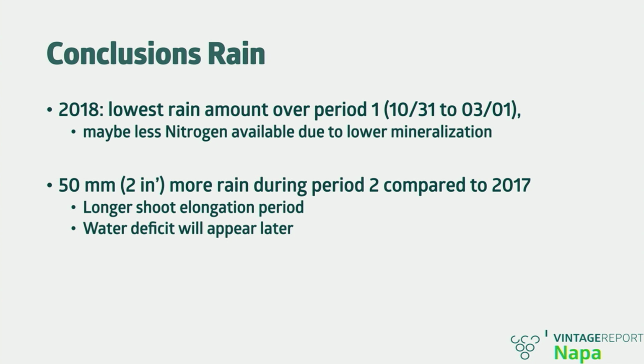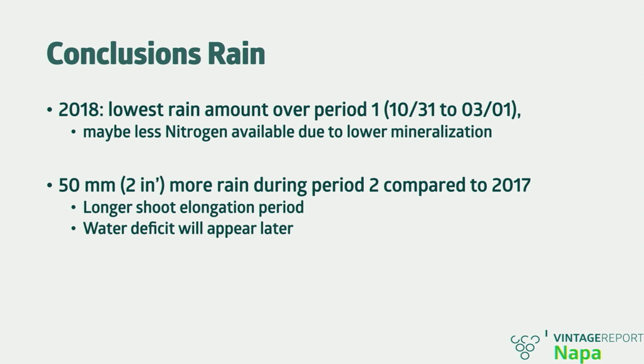So each number is actually the mean of many weather stations, so that we get an idea of the statistical trend from north to south Napa Valley. Under 300 millimeters of water before bud break. This is very different from 2016, where we had around 535 millimeters before bud break, and more than 700 millimeters before 2017. Where am I going with this?